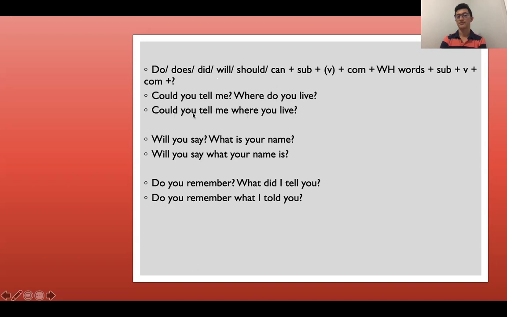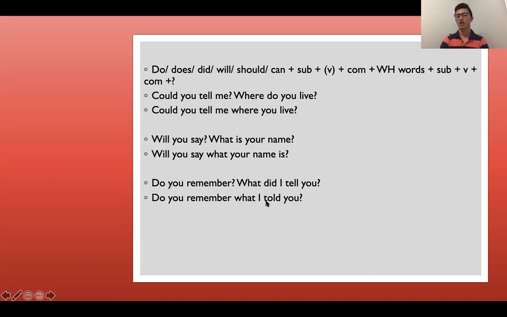So you just put the interrogative sentence in the first section, and the second question should be positive formula. Another example: will you say, what is your name? The included question of these two is, will you say what your name is? The location of is is changed to the end. So what is your name is changed to what your name is, positive formula. Do you remember what did I tell you?